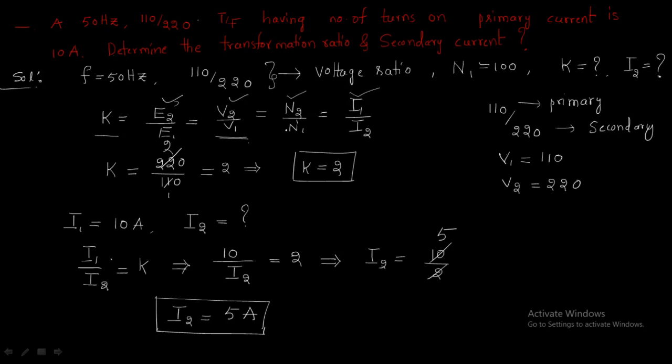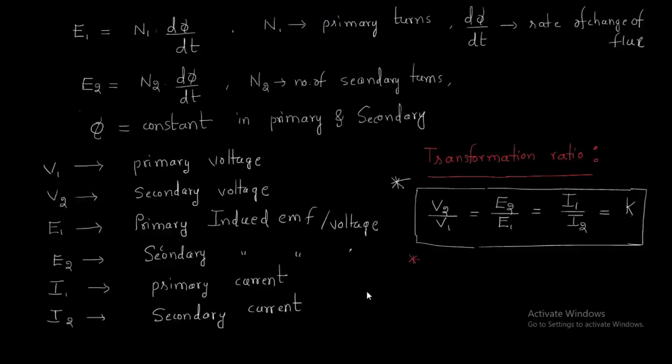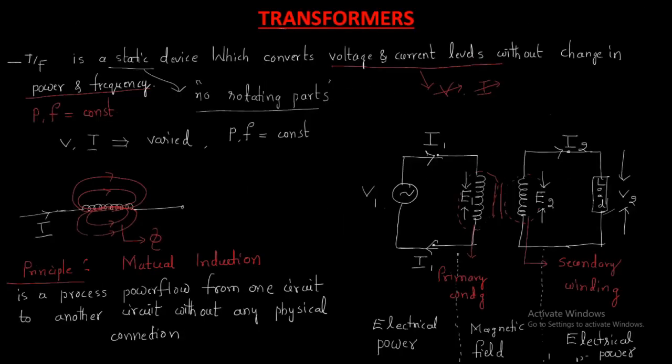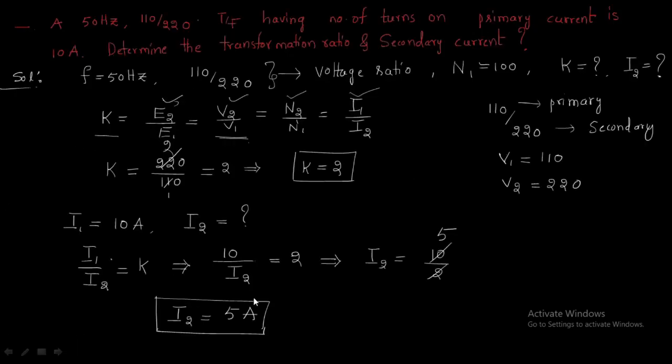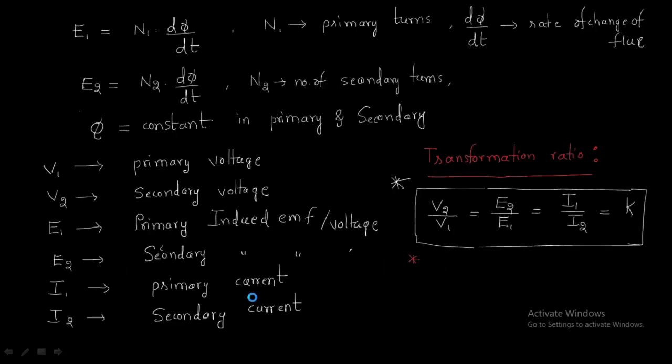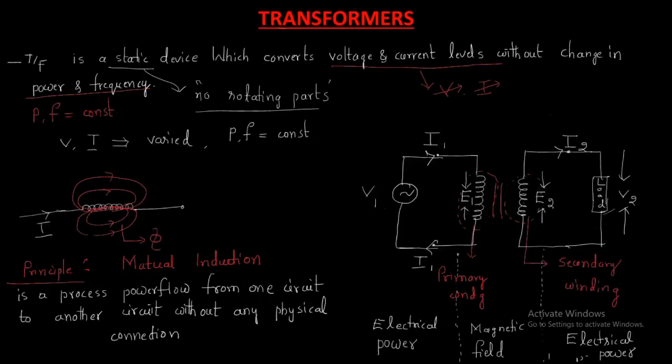If he gives any primary quantity and asks to find the secondary quantity, then by using this formula we have to find the answer. This is about the transformer, its working principle, the transformer quantities, and a problem regarding the transformation ratio. Okay, thank you.